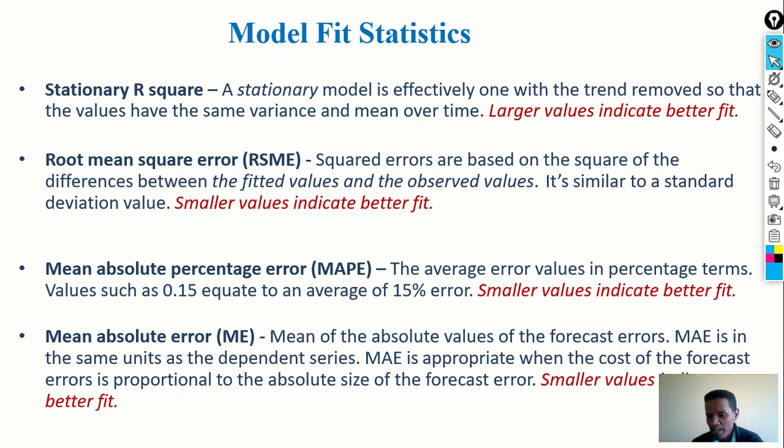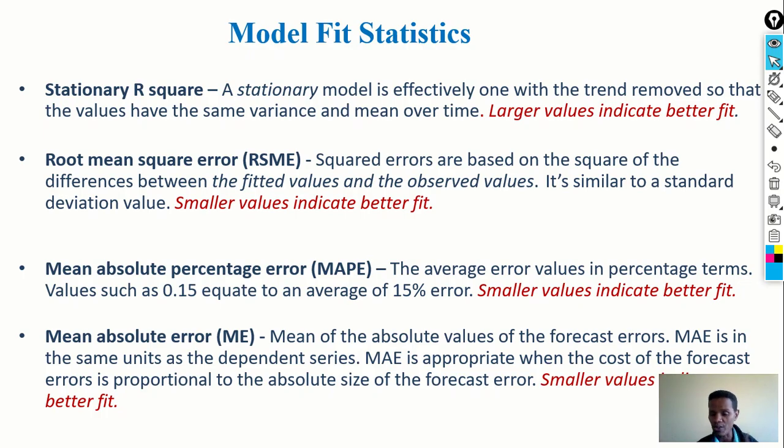The first criterion for model fit statistics for any of the modeling methods for time series analysis is the stationary R square. The usual R square that you know in any regression analysis is now named the stationary R square because in time series analysis we have an assumption that the data is stationary.